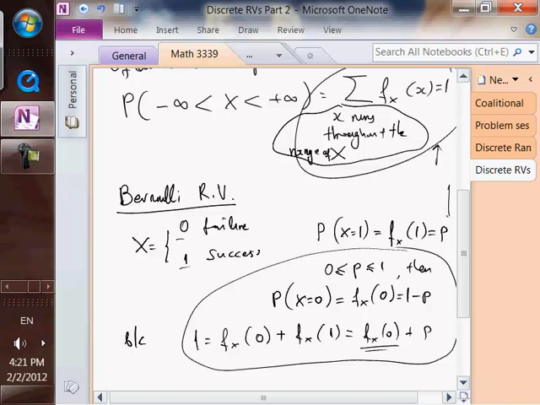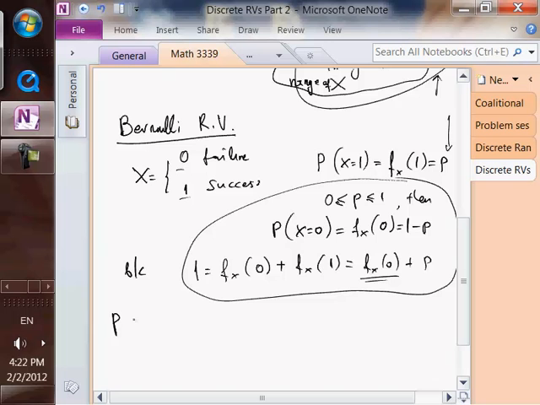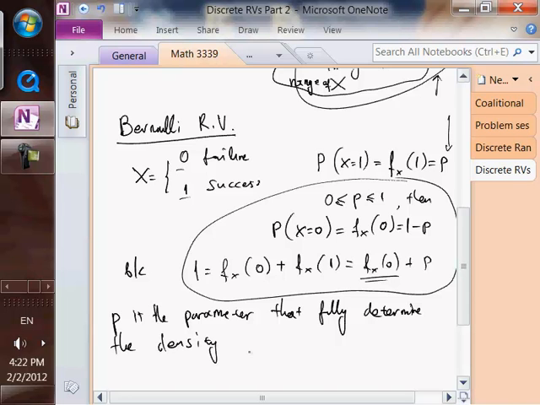Well, it's the value of this parameter p, which is the rate of success, the probability of success. So p is the parameter that fully determines the density of a Bernoulli random variable. If you know this, then you fully know the random variable.